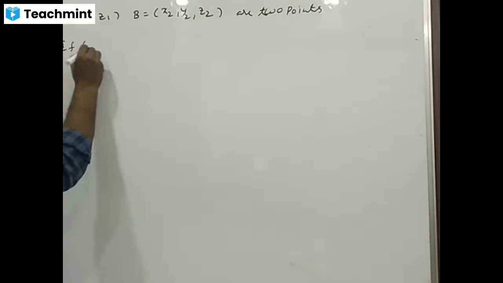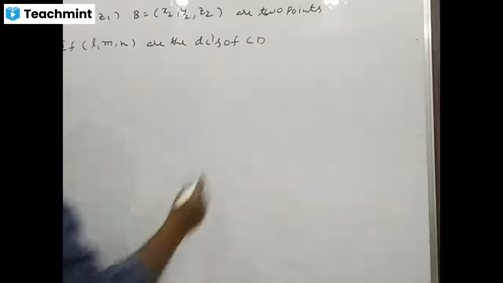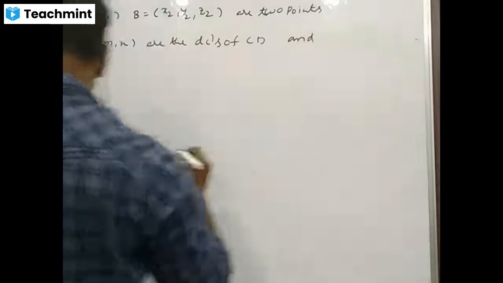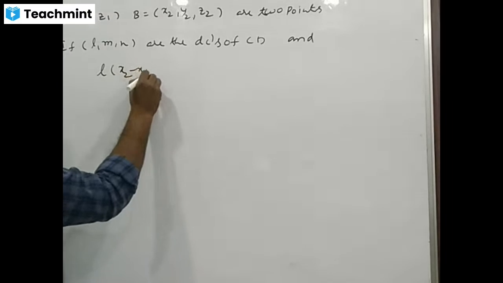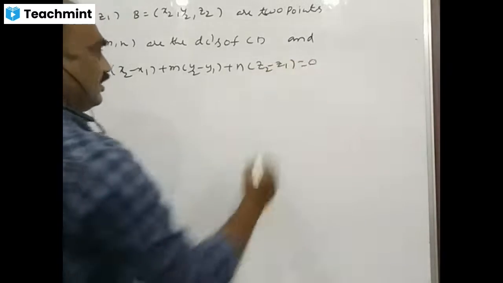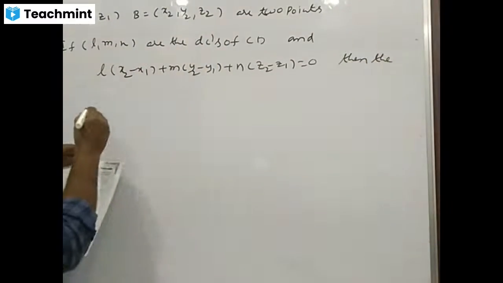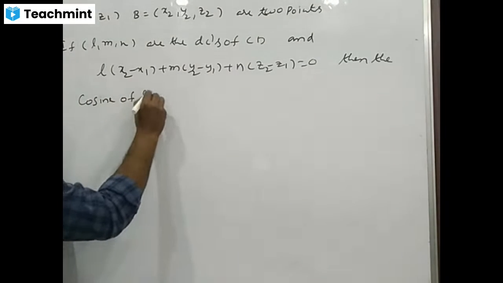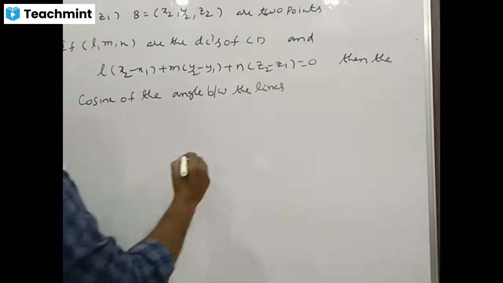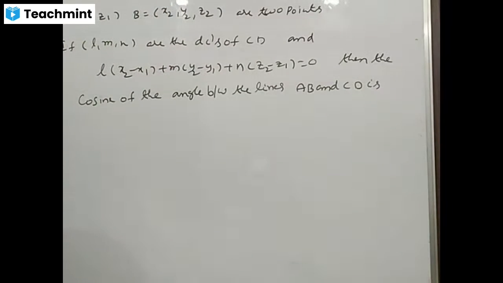If L, M, N are the direction cosines of CD, and L into (x2 minus x1) plus M into (y2 minus y1) plus N into (z2 minus z1) is equal to 0, then the cosine of the angle between the lines AB and CD is.